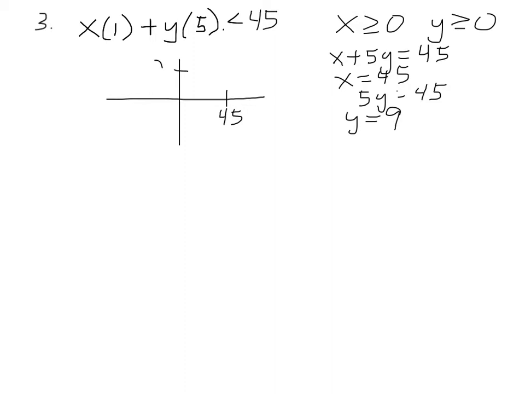So I'll call that 9. I'll graph it in red, and it's going to be a dotted line between those 2 points. Because X is greater than 0 and Y is greater than 0, both put me in the first quadrant, this quadrant here. So I shade, and the area that I can pick a point and have it be true would be this triangle right there.